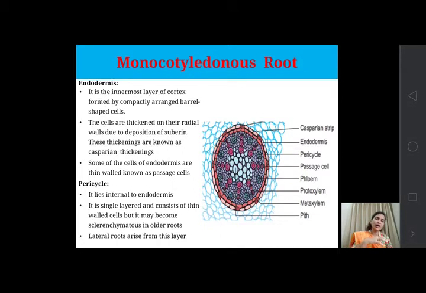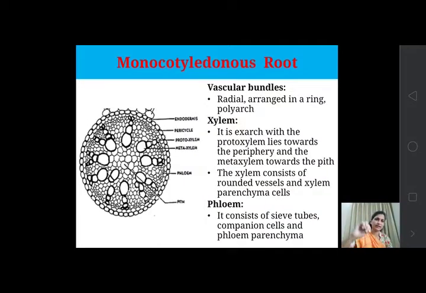Now after pericycle, there is a presence of vascular bundles. As you can see in the figure, they are radial type. So vascular bundles in the root are radial. That means the complex tissues, the xylem and the phloem, are present on different radii.